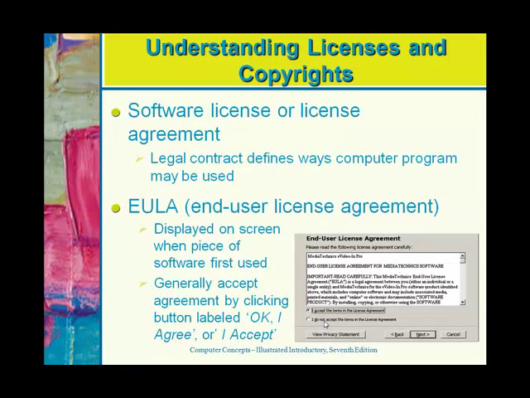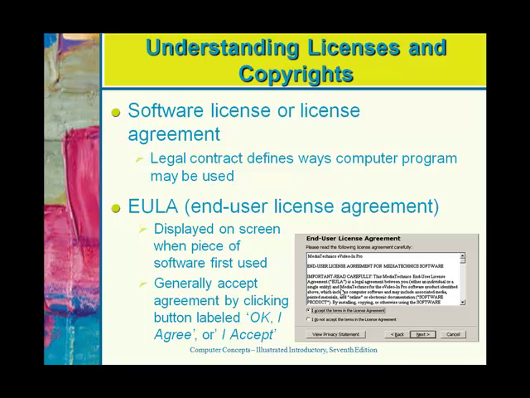With all software, just like with music and other things, you have a software license or license agreement. And this is a legal contract that tells you how you can and cannot use your software. When you purchase software, you get what we call a EULA, or End User License Agreement. And when you install the software, you're actually agreeing to the terms found within that end user agreement.